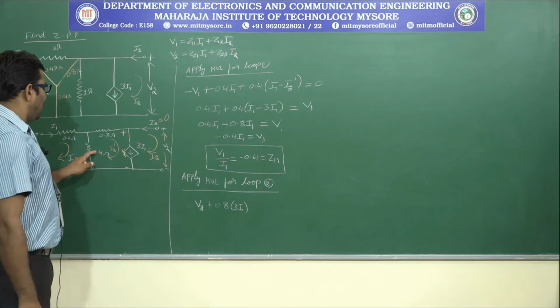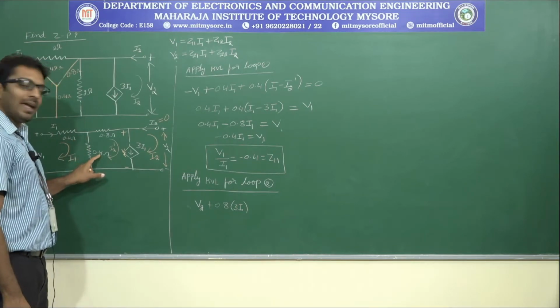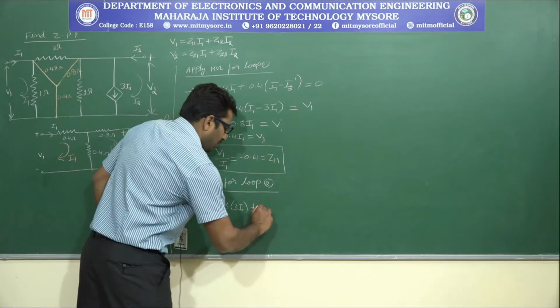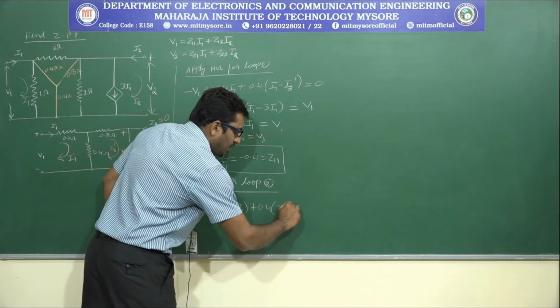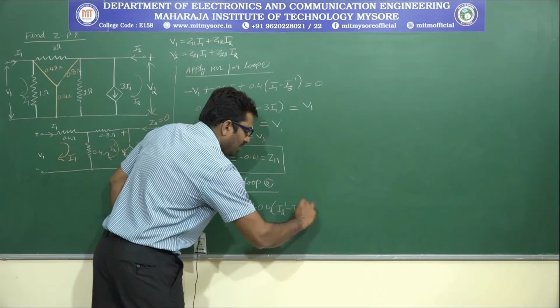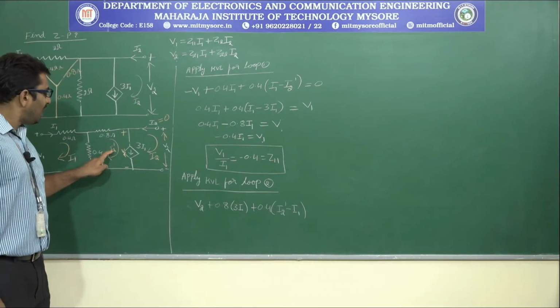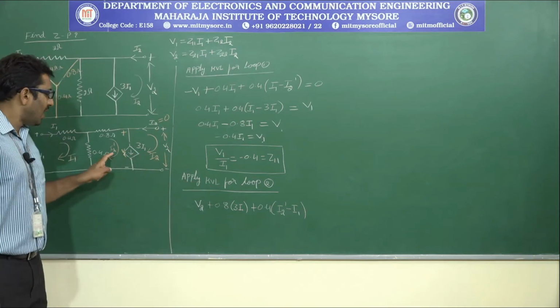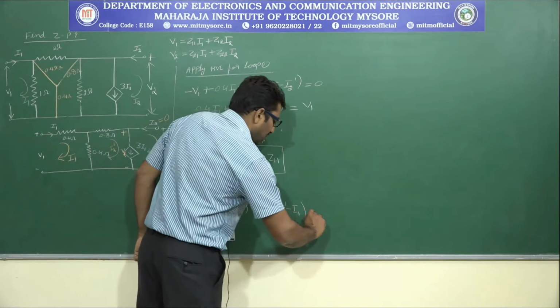Okay. Next, what is the voltage across this 0.4 ohm? 0.4 into (I2 dash minus I1). What is the current in that loop? I2 dash minus I1. But what is I2 dash? Still, I2 dash is nothing but 3I1 only. We can substitute in the next step. I2 dash is 3I1, that is equal to 0.